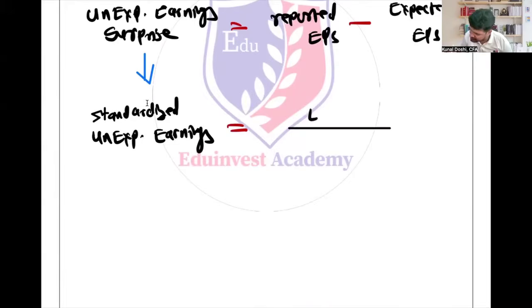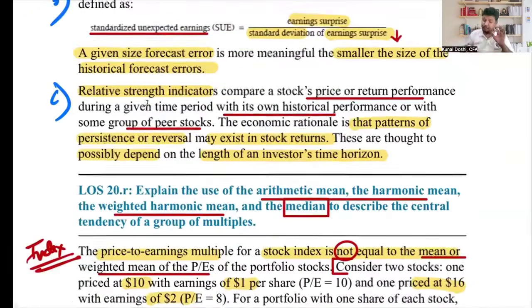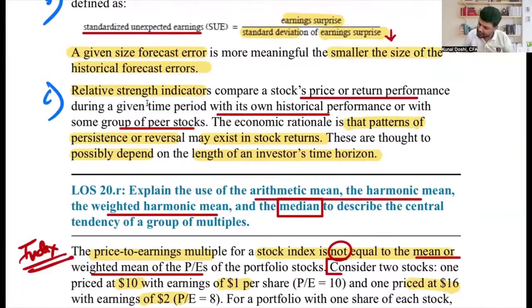So first of all, it is the earning surprise over the standard deviation of this earning surprise. Now, very important: the size of a forecast error is more meaningful the smaller the size of historical forecast errors. What does it mean?